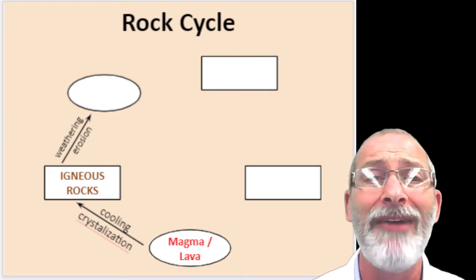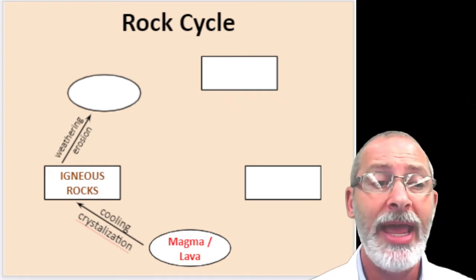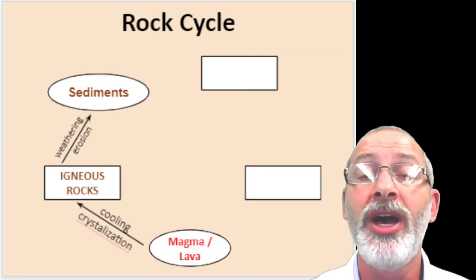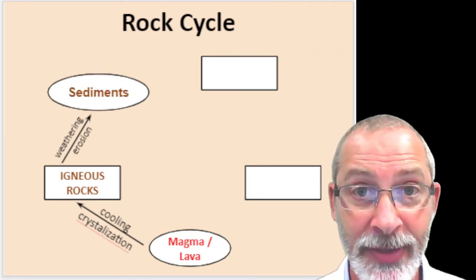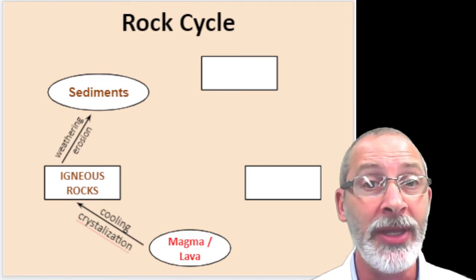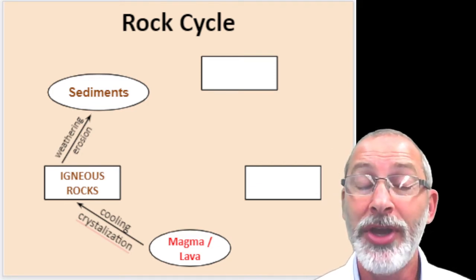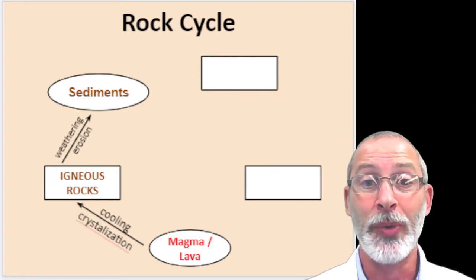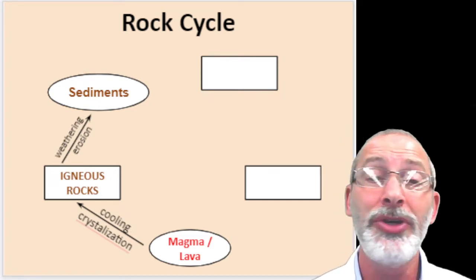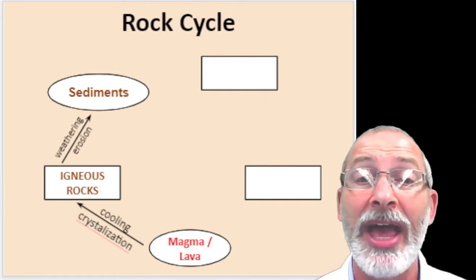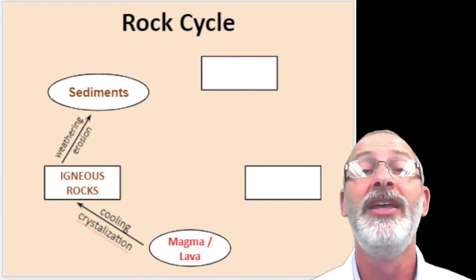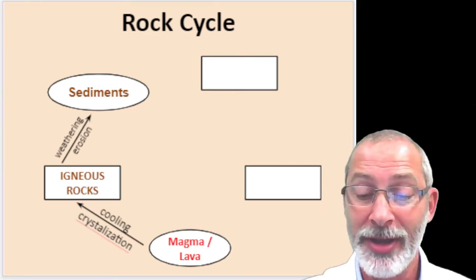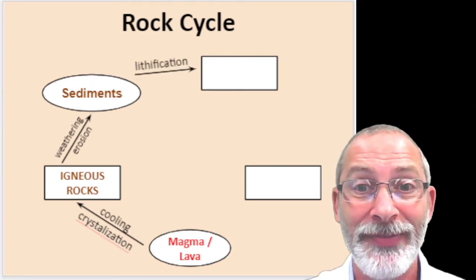And whenever we have rocks that are weathered and eroded, we have the formation of sediments. Remember that sediments are small particles from eroded or weathered rock material. So when we've got an igneous rock that undergoes weathering and erosion, we have the formation of sediments. And this brings us to the next part of our rock cycle.